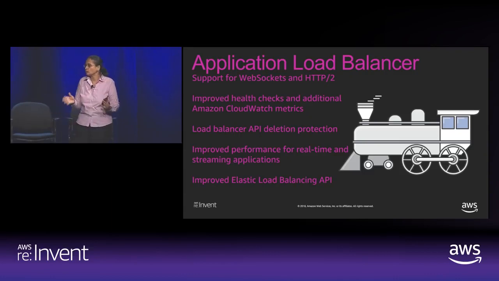Usually we don't break the backward compatibility for our APIs, but when we started designing all these content-based and deeper L7 features on our application load balancer, we figured that it was much easier to start with newer APIs. And so far, the feedback has been pretty good.